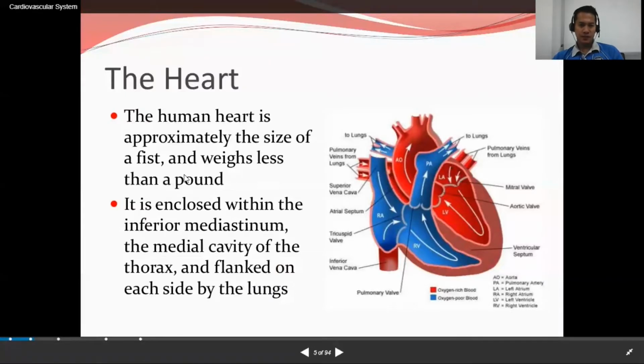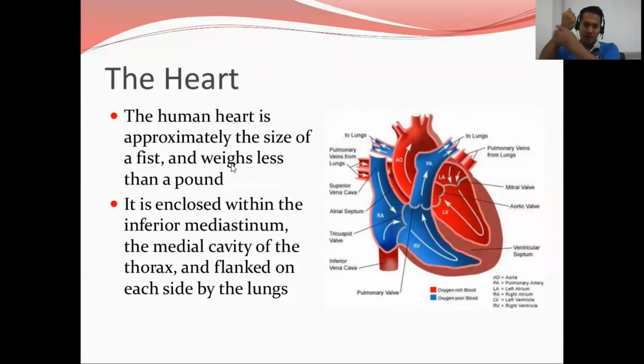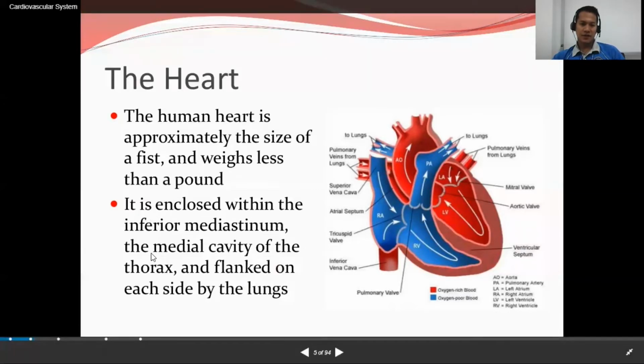The human heart is approximately the size of your fist. This is your fist. That's the size of your heart, and it weighs less than a pound. It is enclosed within the inferior mediastinum and the medial cavity of the thorax and flanked on each side by the lungs.